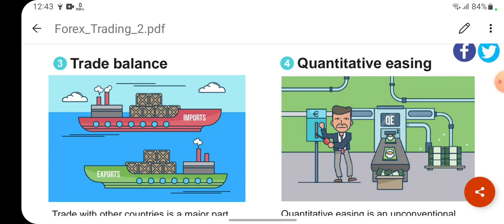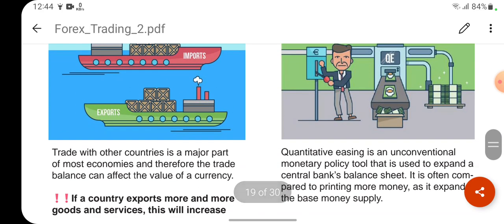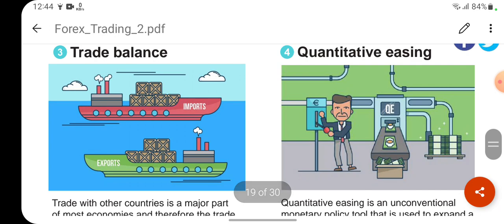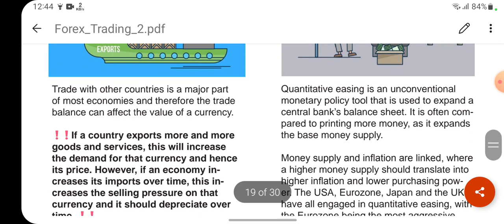The first two of them we have also already studied. The third one is trade balance, how trade balance works and how it moves the forex market. Trade balance means import and export. Trade with other countries is a major part of most economies, and therefore the trade balance can affect the value of a currency.